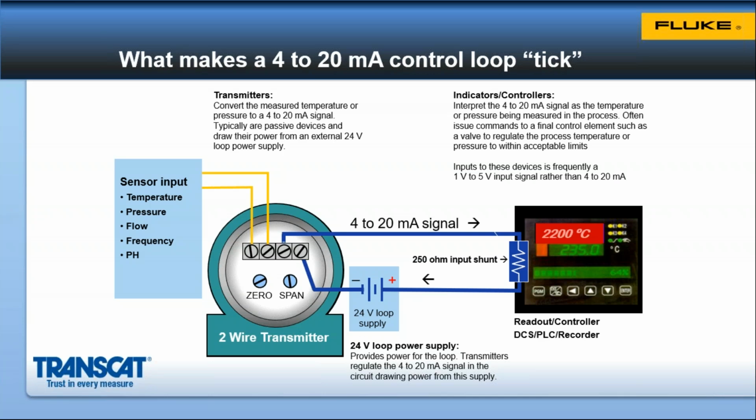We refer to this as a two-wire transmitter because it is powered by the 24 volt loop power supply and does not have an external connection to 120 or 240 volts to get its power. The indicator controller, as I mentioned, interprets the milliamp signal. It's scaled to the range of the transmitter, and in interpreting the milliamp signal knows what the transmitter is actually measuring based on its programming and configuration.